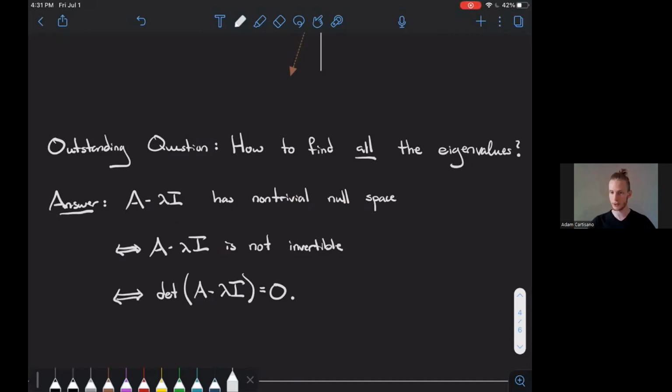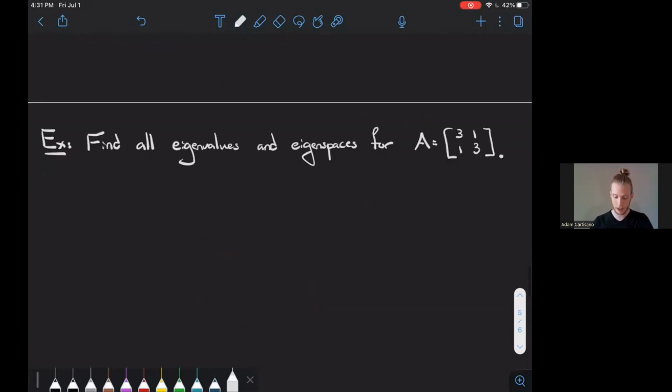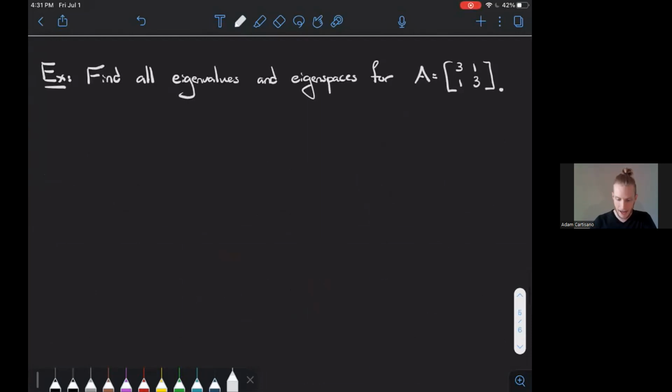So if you don't have a trivial null space, then you're not invertible. And we have a characterization for when a 2x2 matrix is not invertible. It's when the determinant is equal to 0. So we are looking for values lambda for which the determinant of A minus lambda I is precisely 0.